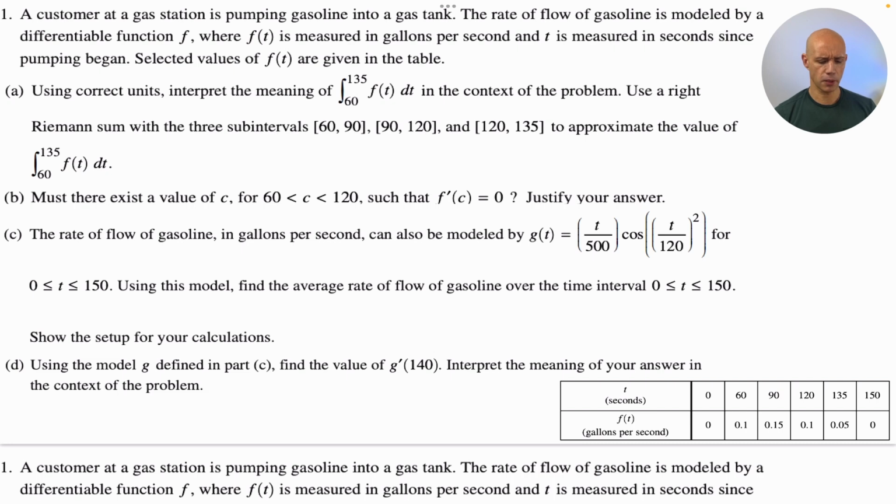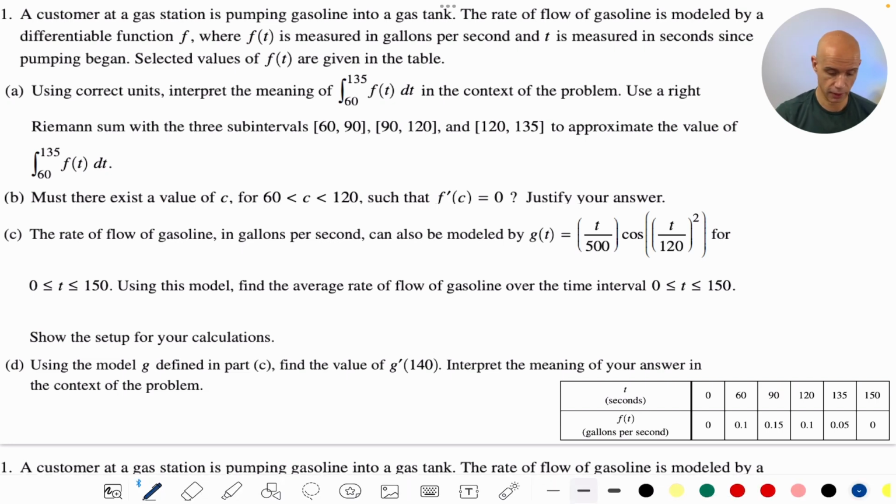A customer at the gas station is pumping gasoline into a gas tank. The rate of flow of gasoline is modeled by a differentiable function. That's very relevant. Okay, it's differentiable. That will allow us to use derivatives or even second derivatives or the mean value theorem, just a heads up, where f of t is measured in gallons per second.